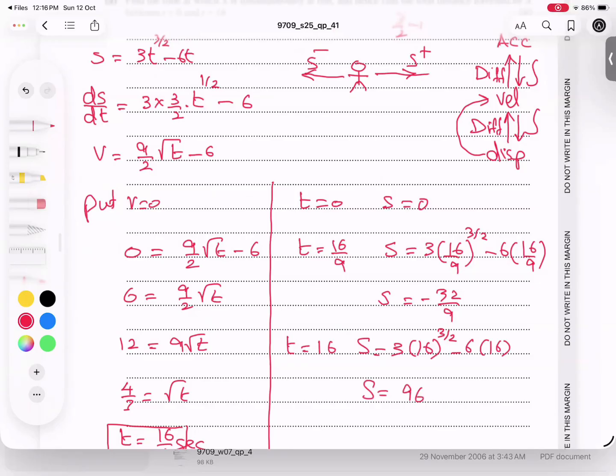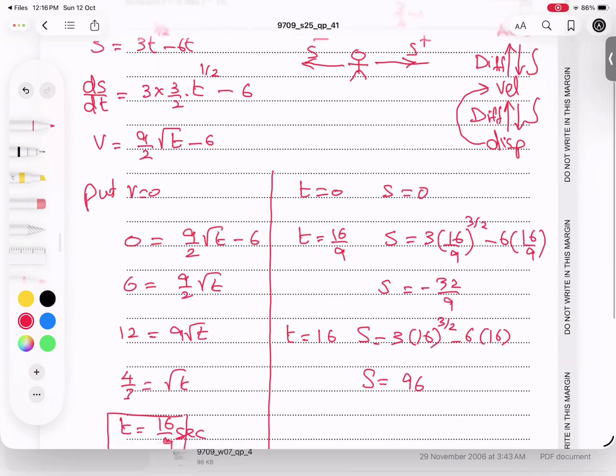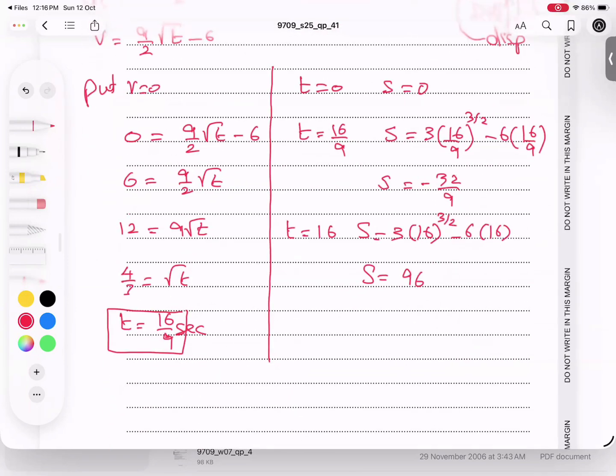Very interesting part. Positive, as I said before. If you see the diagram, this is the observer. When time is 0, it is beside the observer. First of all, it is going backwards. How much did it move backwards? 32 by 9 meters. I'm not writing the negative sign.